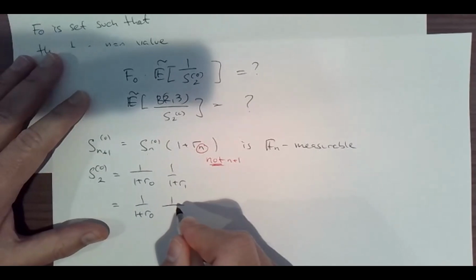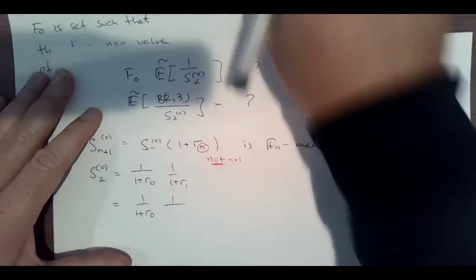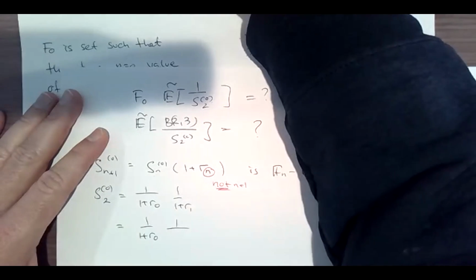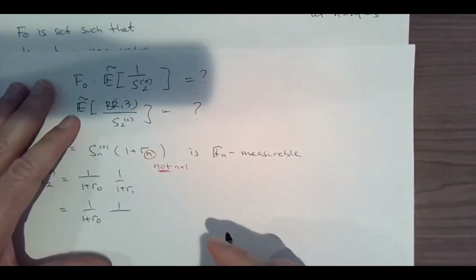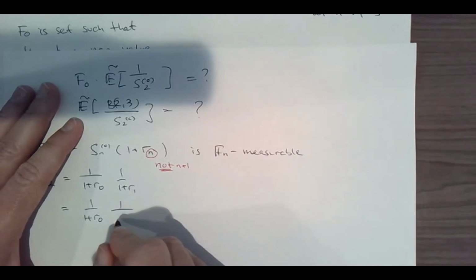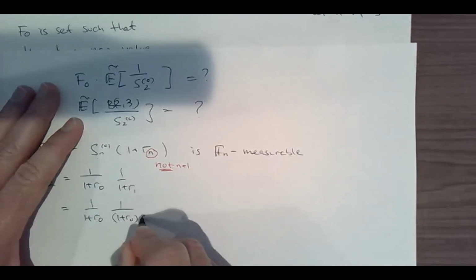This here was 1 over 1 plus R0 times this epsilon 1.